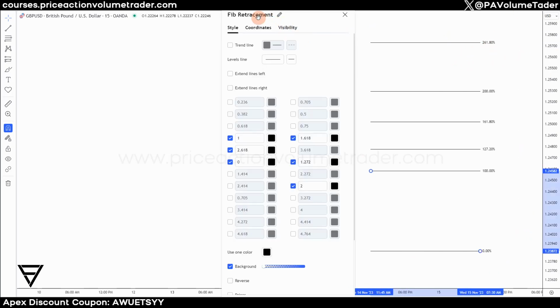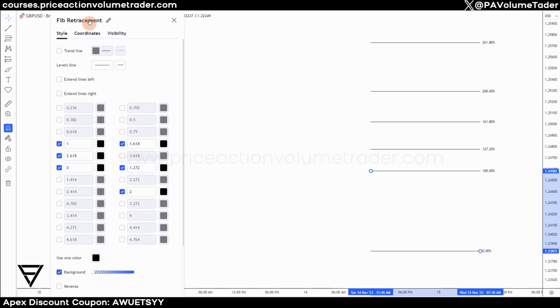Let me bring up the settings just so you can see how I have it set.